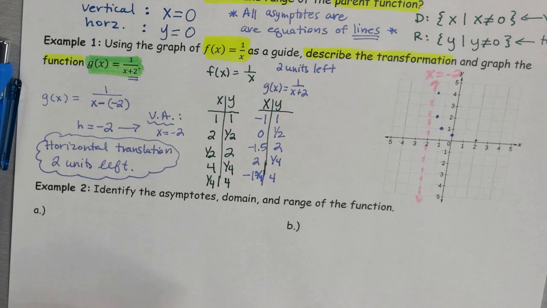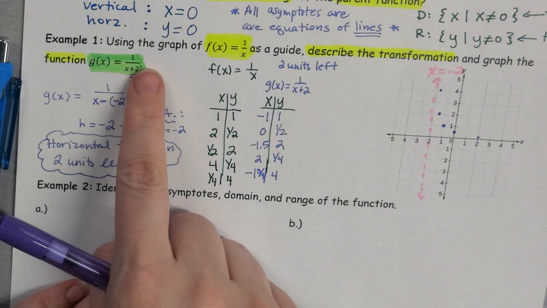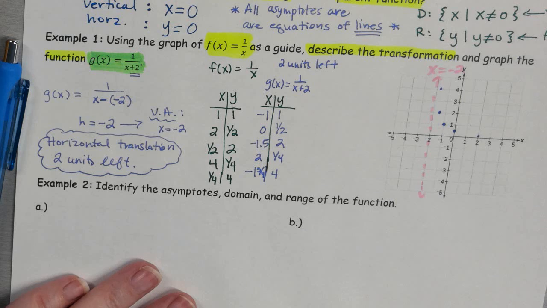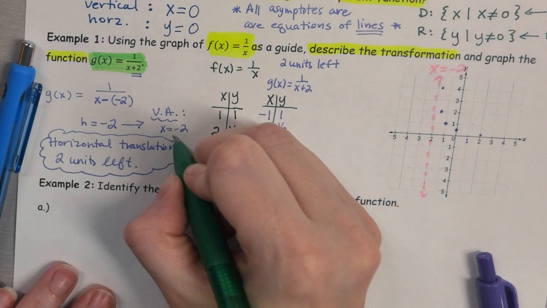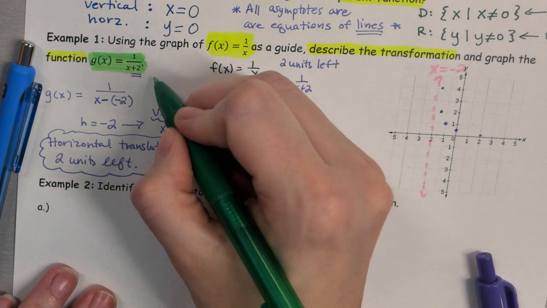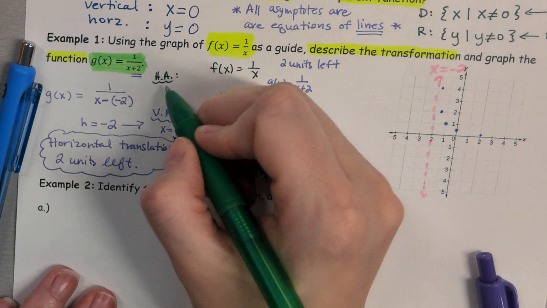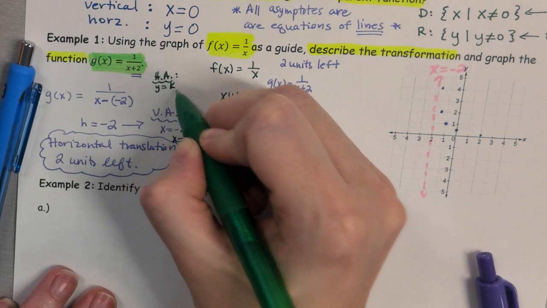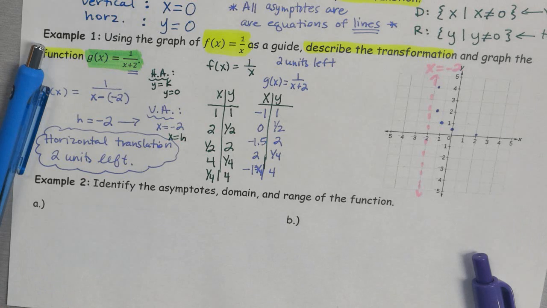And then the horizontal asymptote is, what is the k value? Is there any k value for this? Nope. So this one is x equals h, which is how we got it. For the horizontal asymptote, it's going to be y equals k, so it's y equals 0.